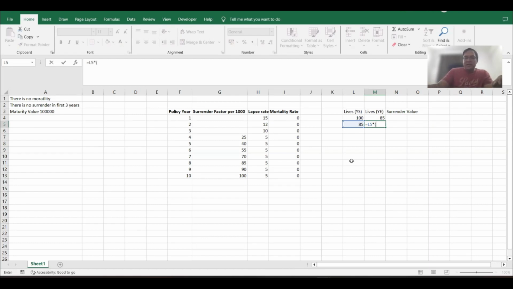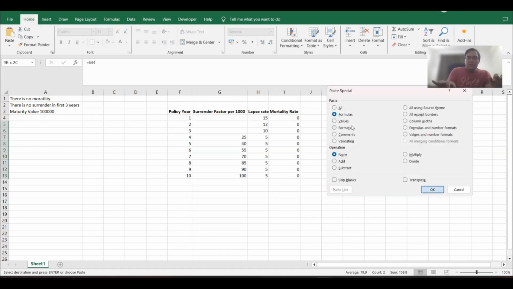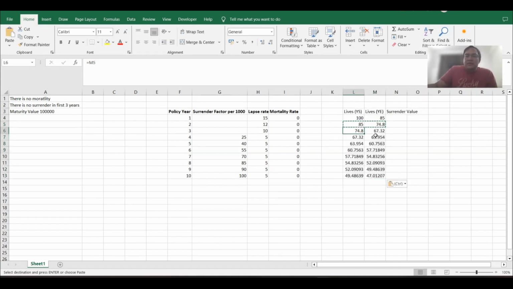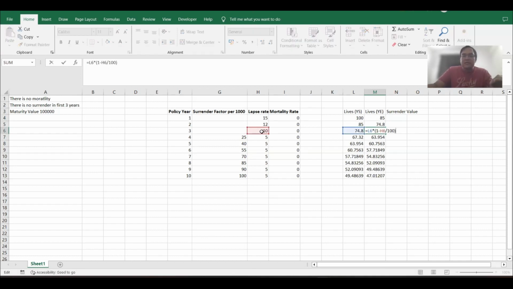And I keep on saying alive, but that is not the case. So that would be 12 by 100. So that is 74.8. And then I think I can drag this. Let me check this, right? Yeah, so this is 74.8. This is coming out to be 67.32, where this rate is being used, right? So this is how we calculate the lives.